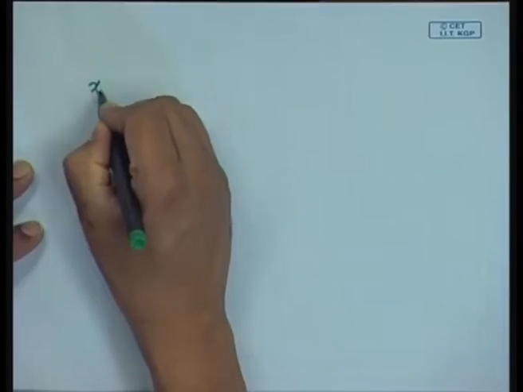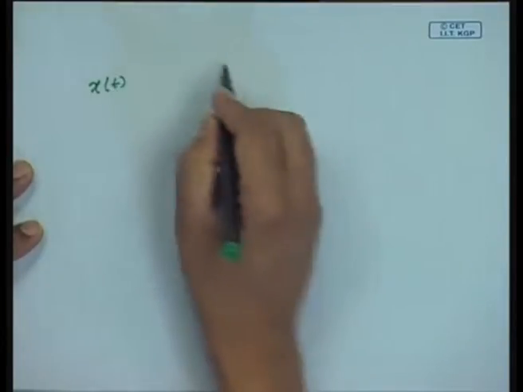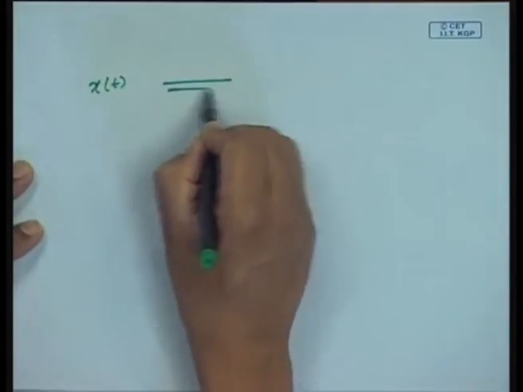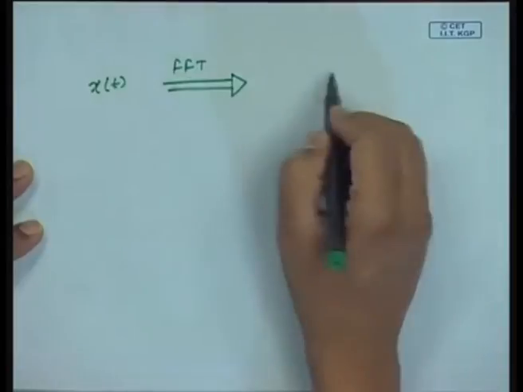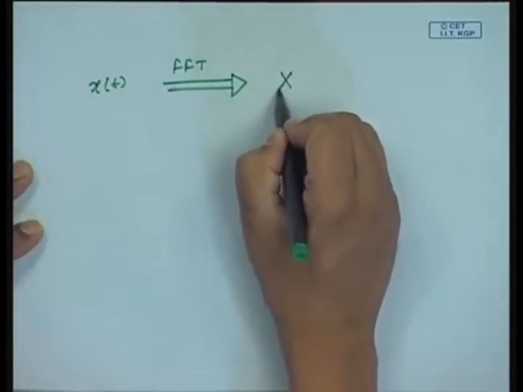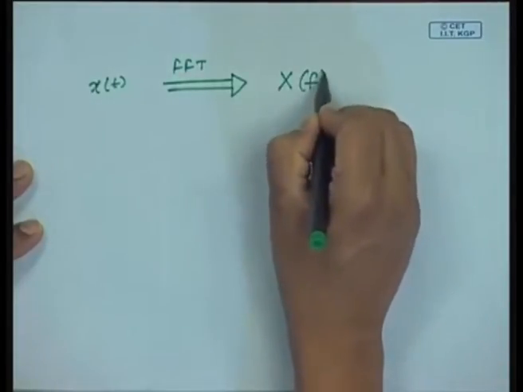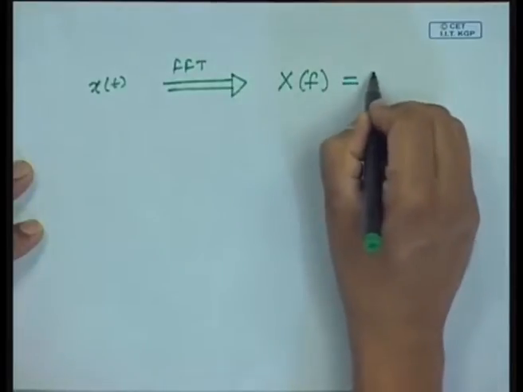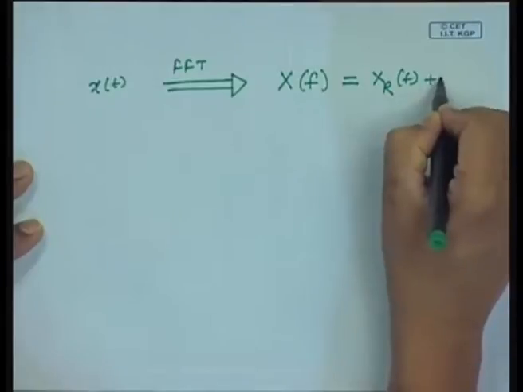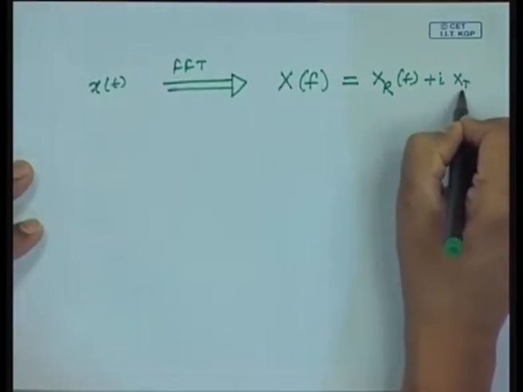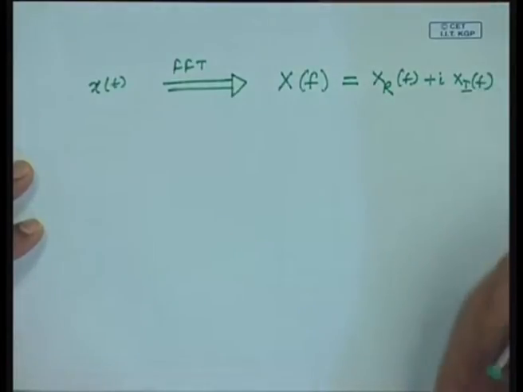Suppose I have a signal x(t). I do its Fourier transform, and I get a signal X as a function of f, which can be written as X real of f plus X imaginary of f.